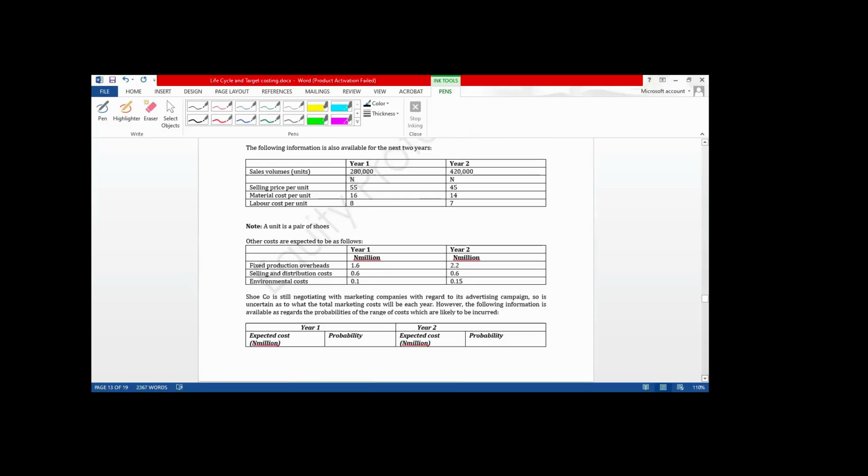We have the fixed production overhead. We have the selling and distribution cost. And we have the environmental cost. Learners and Co. is still negotiating with the marketing company.